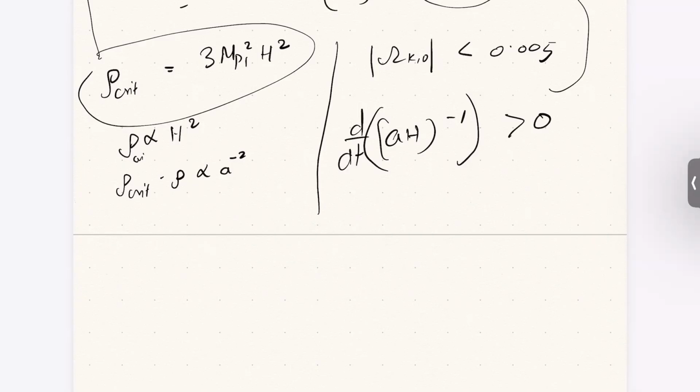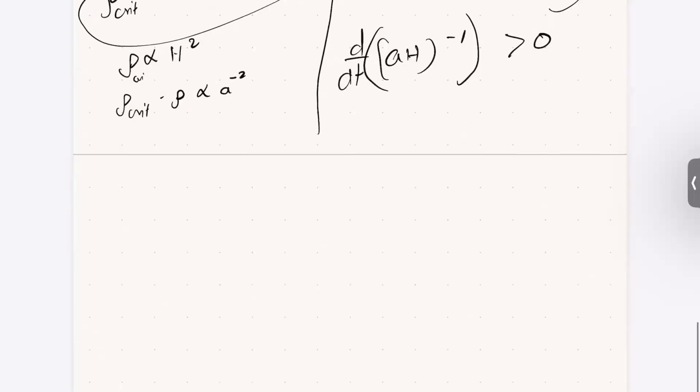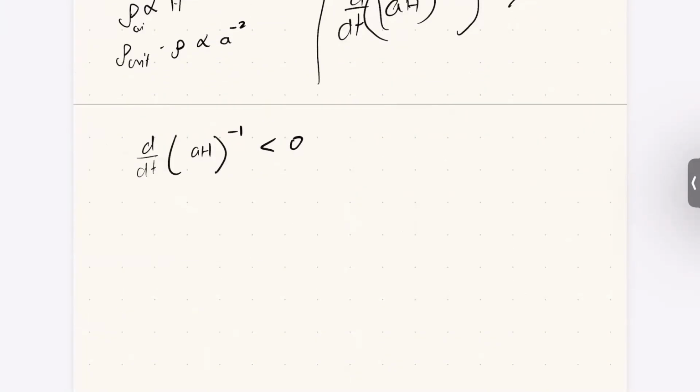Let's try to see what happens if I take the opposite, okay? If I consider that the universe's co-moving Hubble radius is not expanding, but let's say it's shrinking, okay? Let's see what happens then. So that means I have to depict that this is negative, right? Because if this is negative, that means that the co-moving Hubble radius is in fact shrinking. So if that happens, and remember aH is equal to a dot by a. So in that case, I can write aH to be just a dot, right?